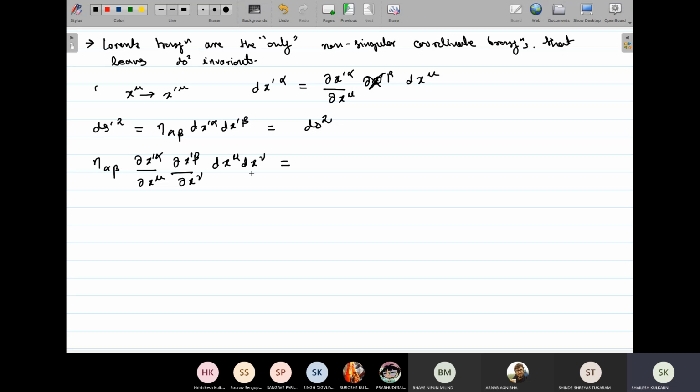Okay, this must be equal to ds square, which is eta mu nu dx mu dx nu. Okay, it means that eta mu nu is equal to eta alpha beta del x prime alpha by del x mu, your familiar tensor transformation rule for metric, del x prime beta by del x nu. Okay.